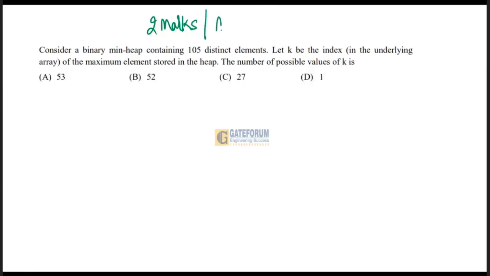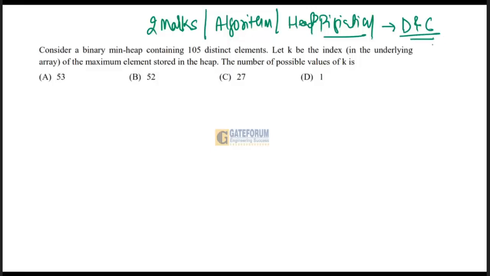The subject is algorithm and the topic is heapification. You can put it under the broad category of divide and conquer, and under divide and conquer we can go to the sorting technique, and under sorting technique we can see the concept of heap trees, and under heap trees we have a topic heapification, right?